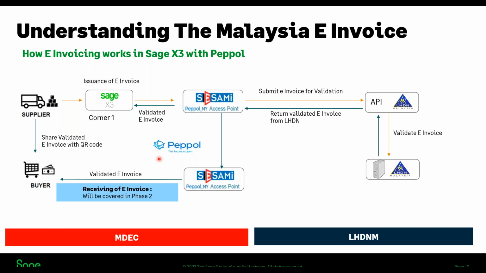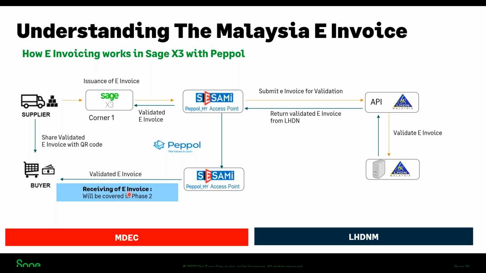All right. So one of the beauties, another reason why we go for the PayPal network, is because in PayPal, you can actually receive invoices from your supplier. If, let's say, you are the buyer using Sage X3 and your supplier is using PayPal, and they send their e-invoice via PayPal, then we can grab those invoices and import them into your Sage X3.